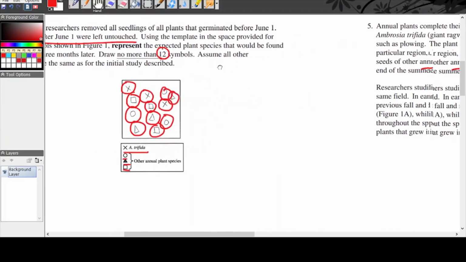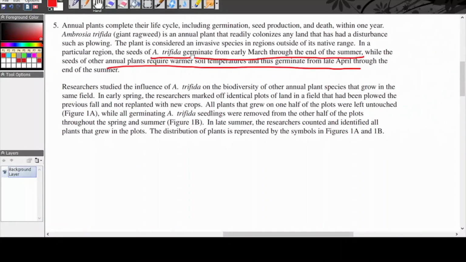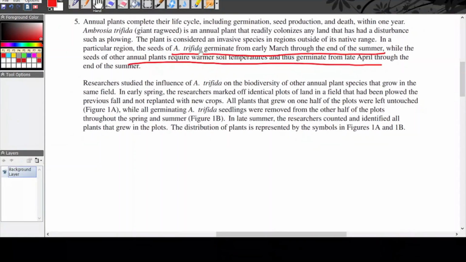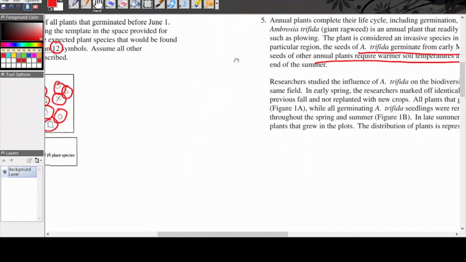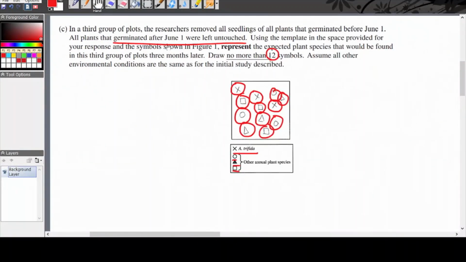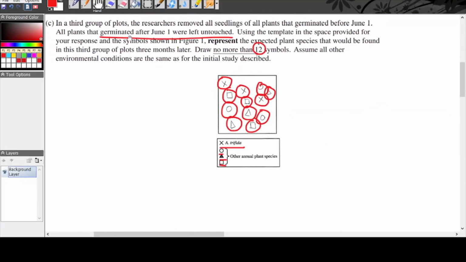After June 1 is summer, and Ambrosia trifida and other annual plants would be able to grow in that temperature, because for both of them, June 1 and after, up till the end of the summer, is a suitable temperature. So all the different species of plants would be able to grow in the same capacity in this plot of land.